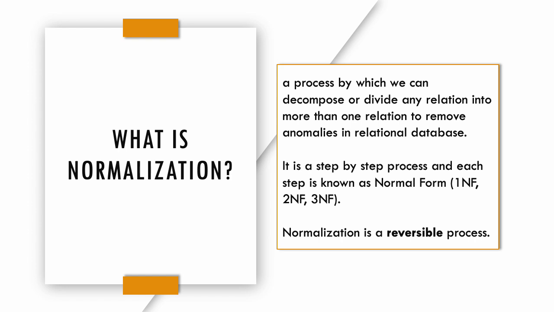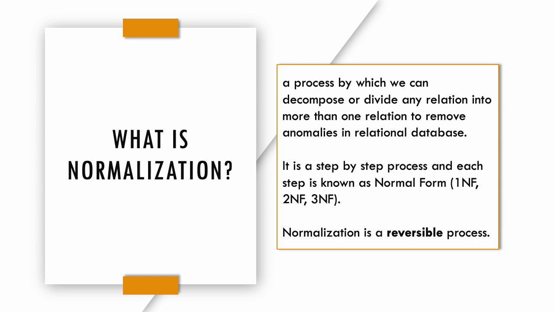All right, there are some steps of normalization, which are called normal forms. So normalization is done in steps where each step is called a normal form, or we can abbreviate it to NF.